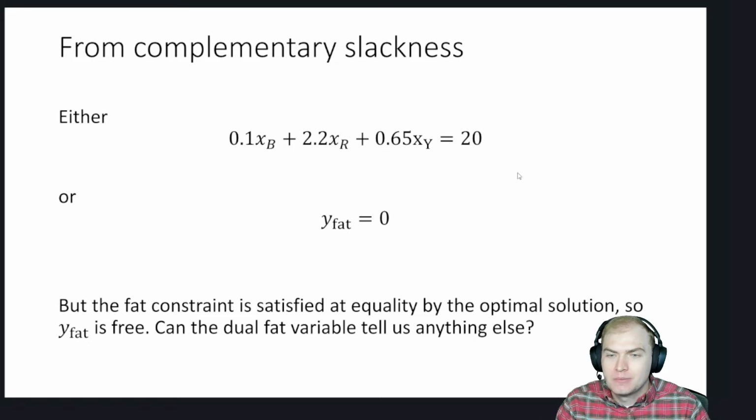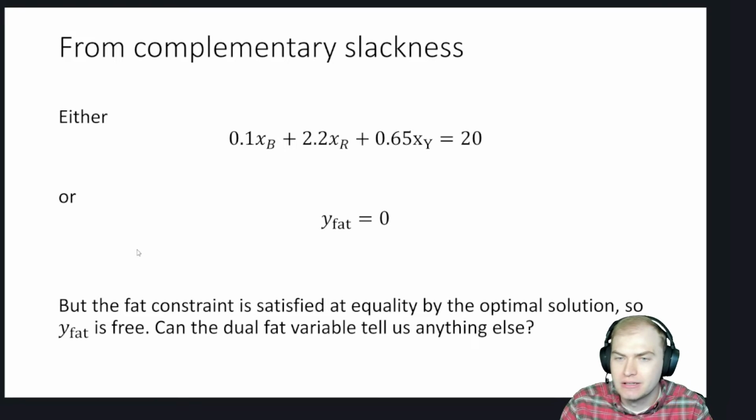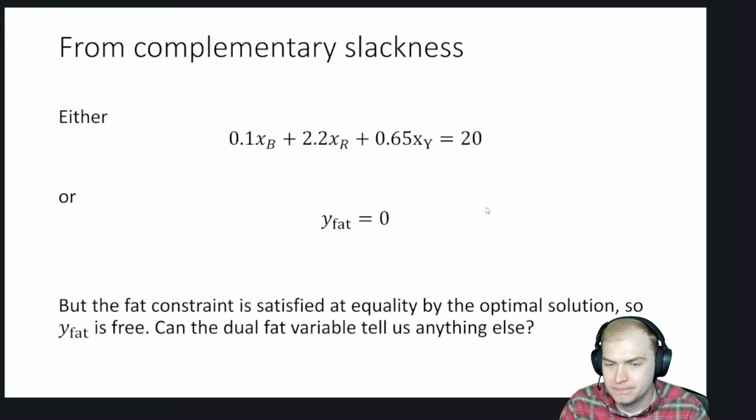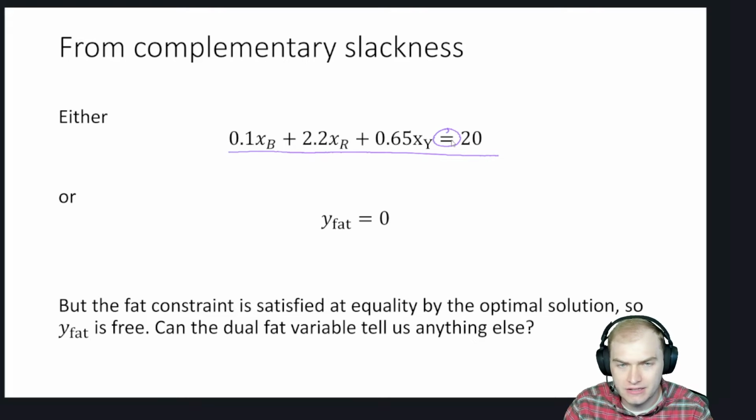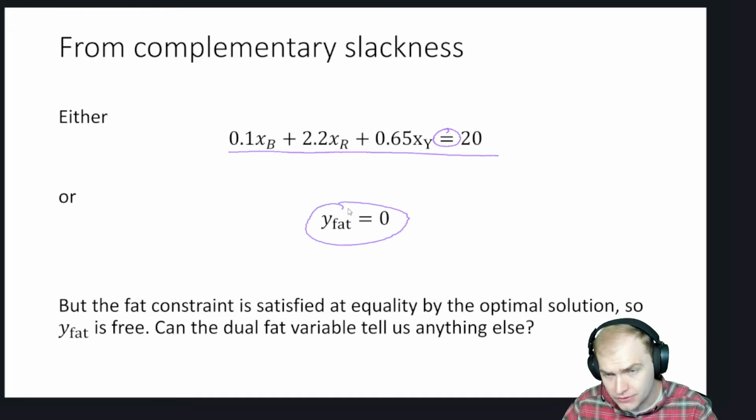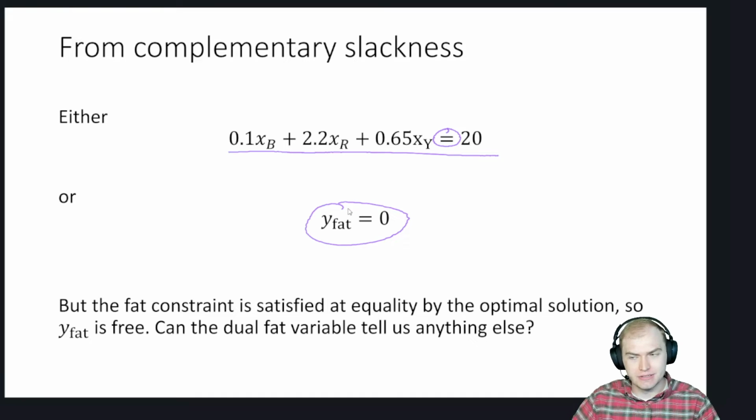So then, from complementary slackness, if we take a look at one of our constraints, we know that either the fat constraint is satisfied at equality, or the dual fat variable is 0.